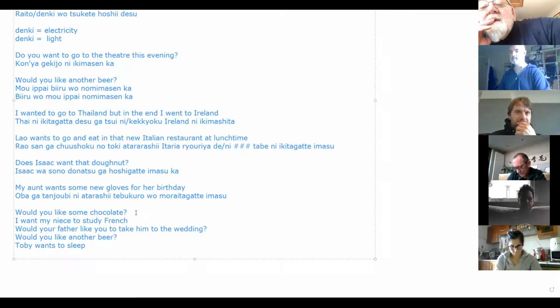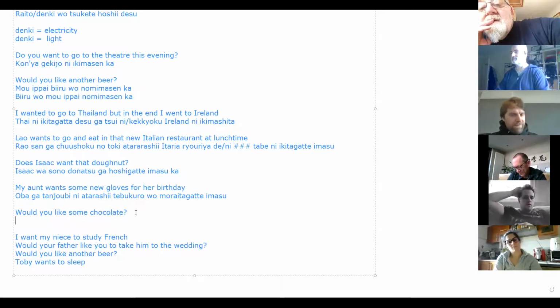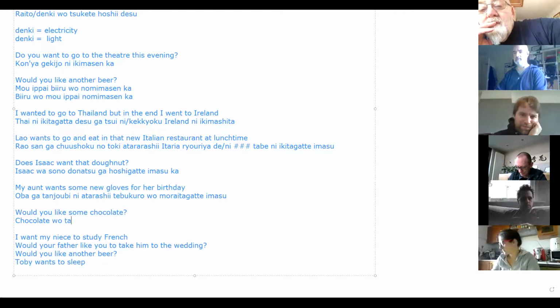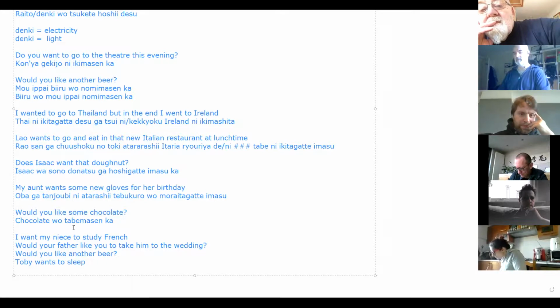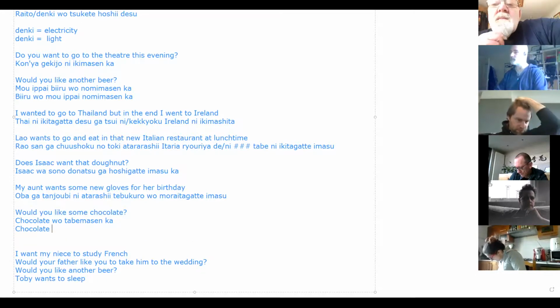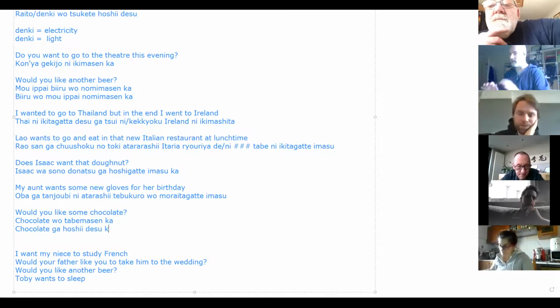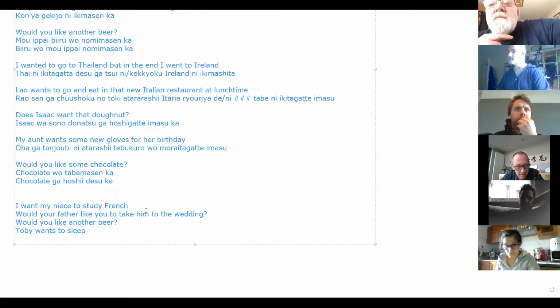Tobe, would you like some chocolate? Chocolate ga tabemasen ka? Chocolate o tabemasen ka? Could you use ga as well here? Not in this case, because this is a verb, so you need to mark this with o. But if you're asking a question with the second person, you can say chocolate ga hoshii desu ka? So I mixed them a little because I was going for o first, but I changed it to ga.